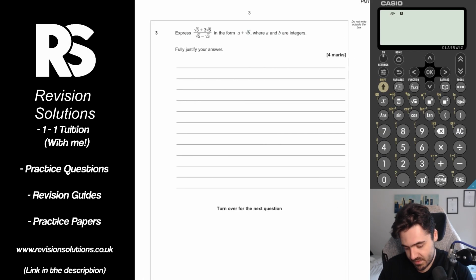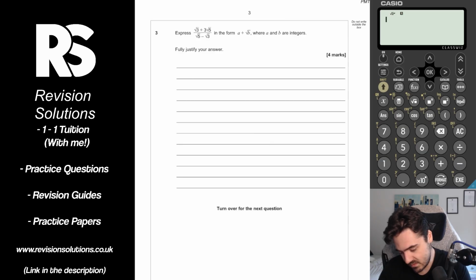Moving on to question 3, it says express this fraction in the form a plus root b. Notably, it's not a fraction anymore, which means it's definitely got a rational denominator. If you want to think about it, it's a denominator of 1. So we're just rationalizing the denominator. To do that, we change the sign of one of the terms on the bottom and multiply that through onto the top and bottom.